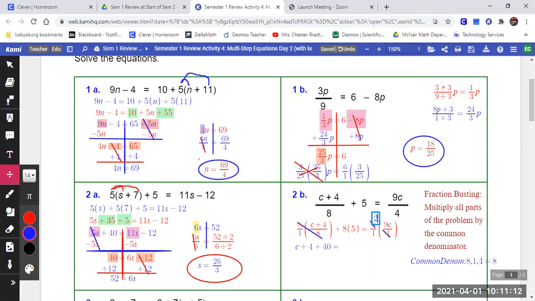So it's no longer an 8 times a 9c, it's a 2 times a 9c, because that 4 helped clean it up. So what is a 2 times a 9c?